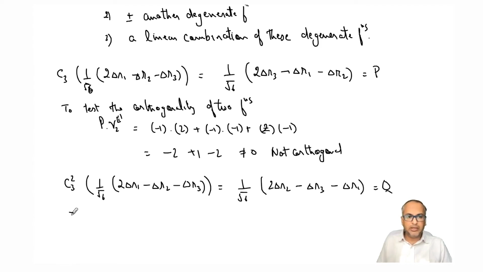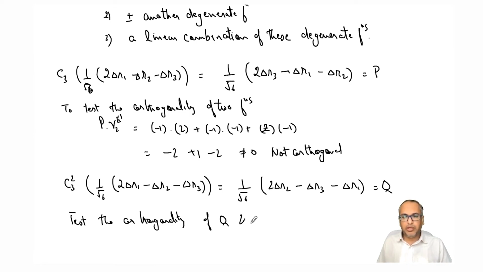Again, let's test the orthogonality of Q and nu2 E prime. What do we get here? We will see that Q dot nu2 E prime is not equal to 0, so again this is not orthogonal.